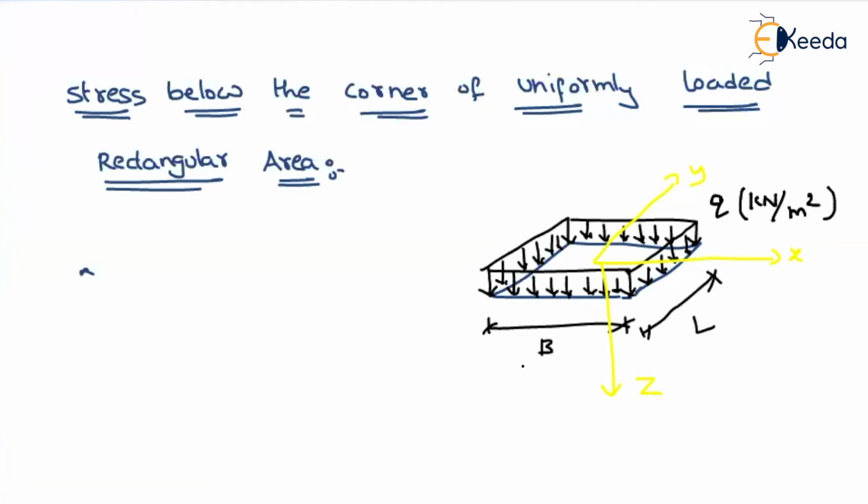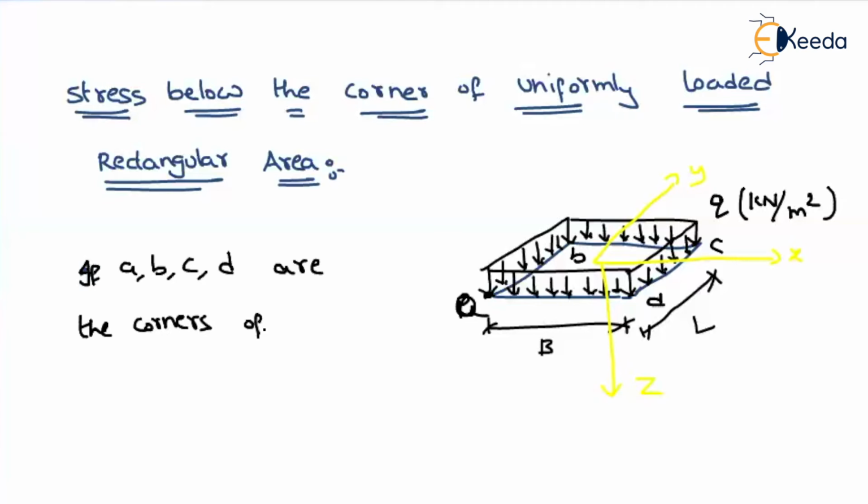Okay, so by using the formula that we are going to write now, we cannot find the stress in between the rectangular area. Let us say a, b, c, d are the corners of the rectangular loaded area.